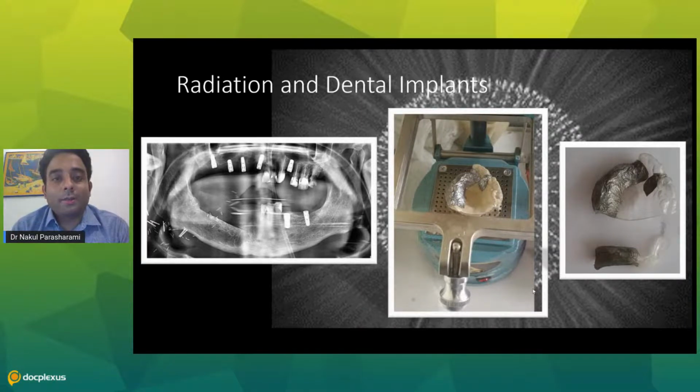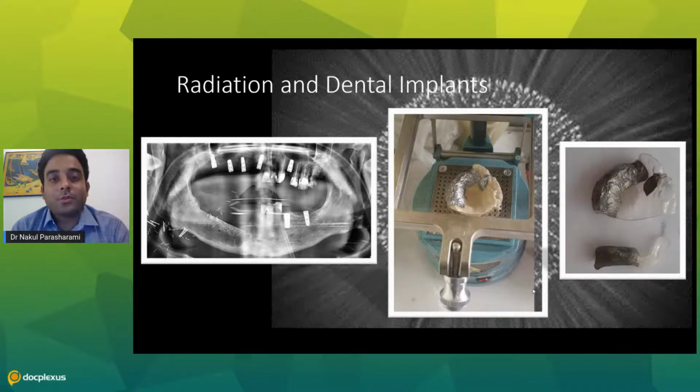In the 3 month waiting phase of the dental implants, he was diagnosed with oral cancer. Once diagnosed, he was treated with surgery and was due for his radiation dose. At such a stage, he came to us asking what had to be done regarding the dental implants.